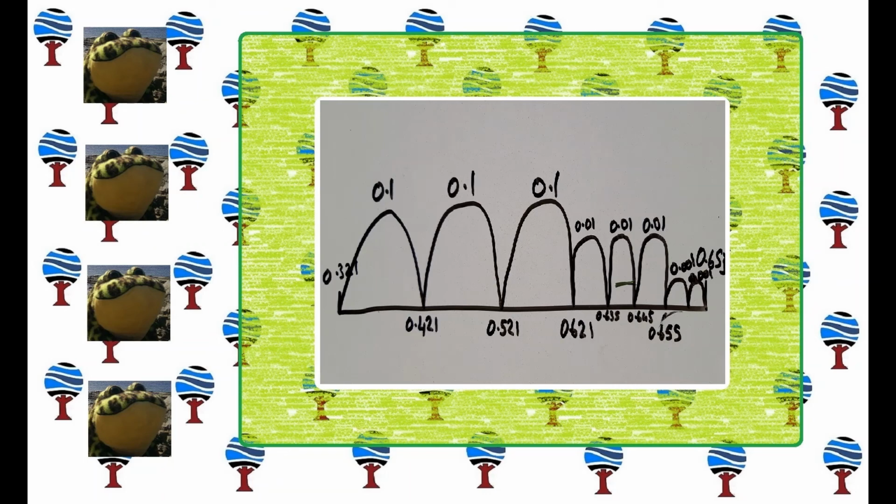And then finally I need to add on my 2 thousandths to get to 0.653. Altogether, when you look at it, I have added on 3 tenths, 3 hundredths, and 2 thousandths. So that 0.332 is the difference between the two numbers.